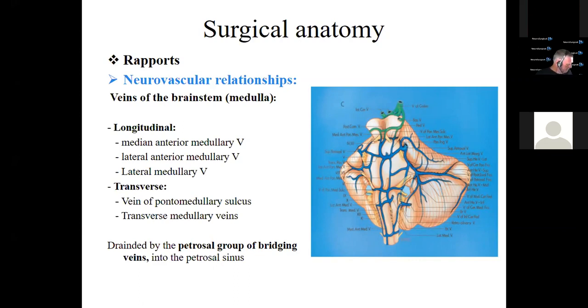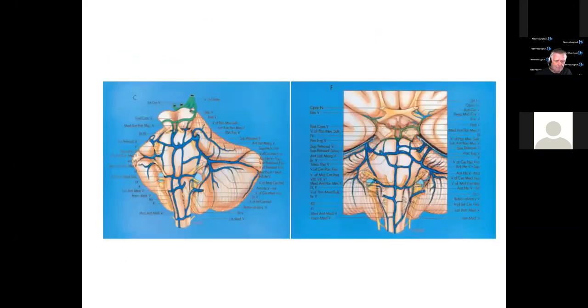All these veins drain into the petrosal group of the bridging veins in the petrosal sinus. Here we have an image depicting the longitudinal veins. As we said, we have the median anterior medullary vein in the midline here, and the transverse veins that cross.